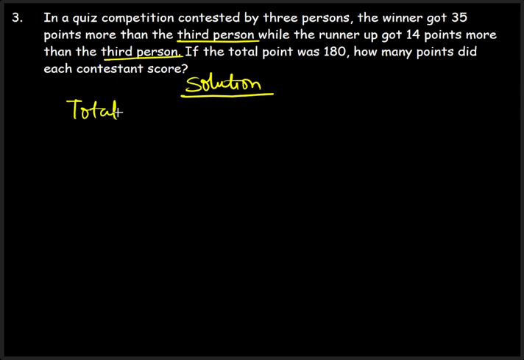Total point equal to 180. So the winner's point and the runner-up's point depend on the third person.